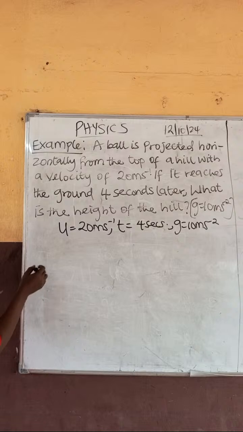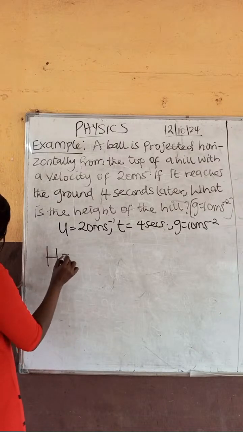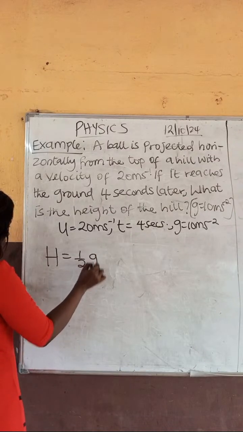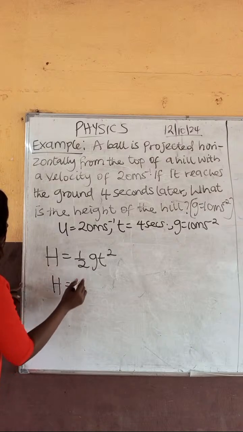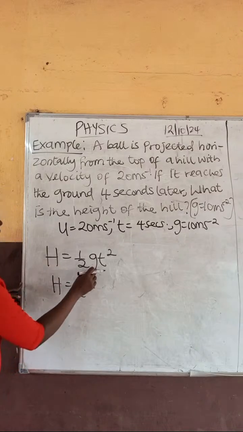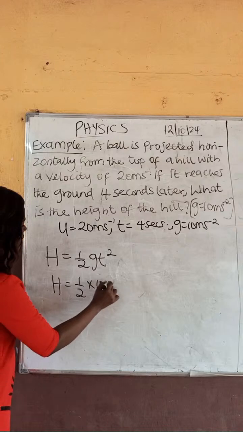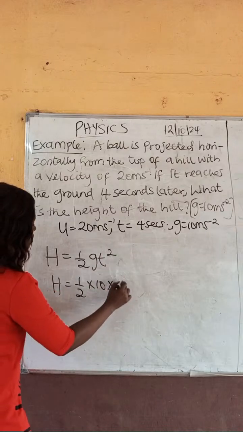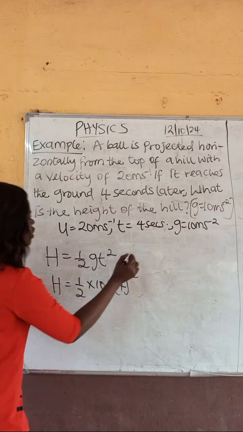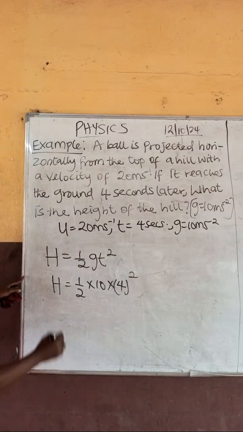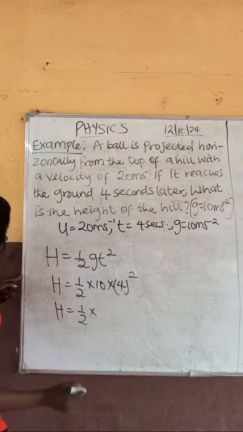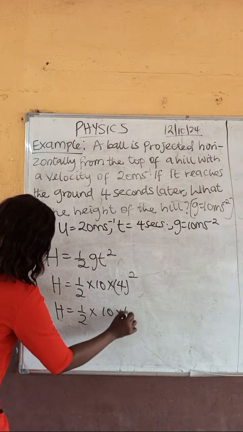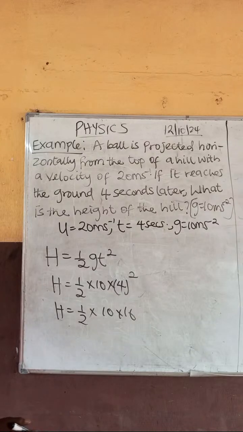So we are going to use this formula: h is equal to half gt squared. So I have half times my g, which is constant, 10, times my time, 4 squared, right? So h is equal to half times 10 times the square of 4, which is 16.